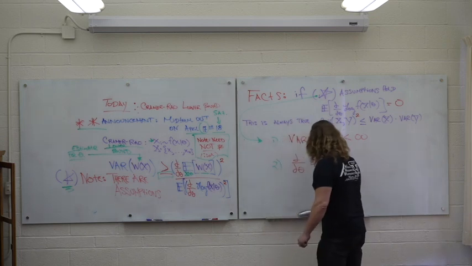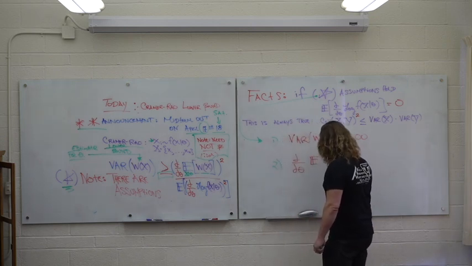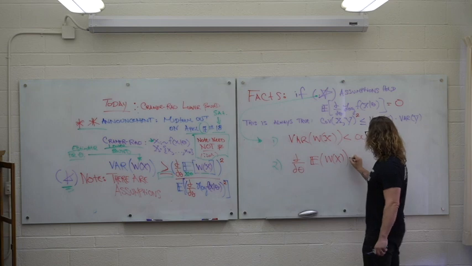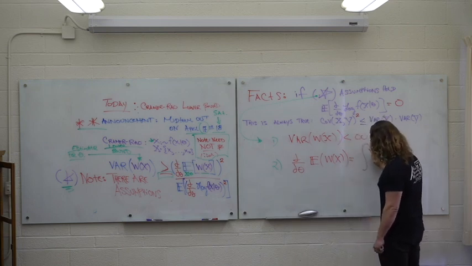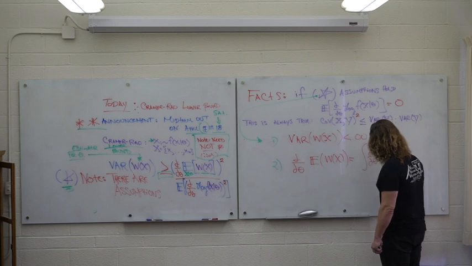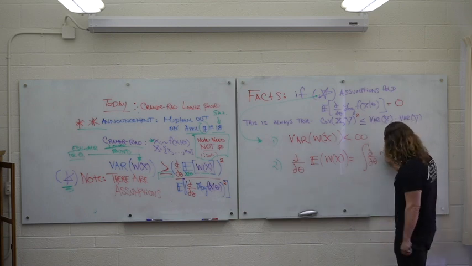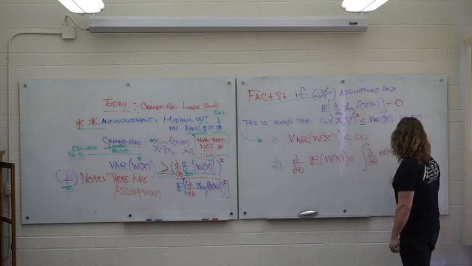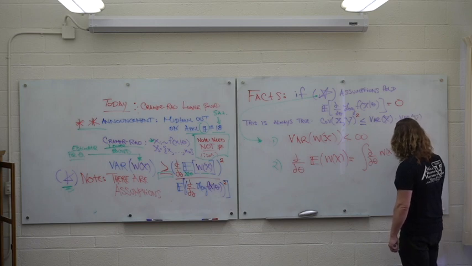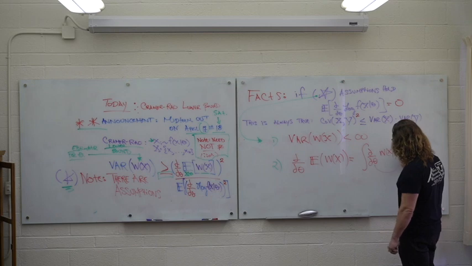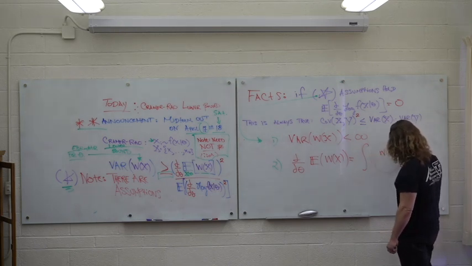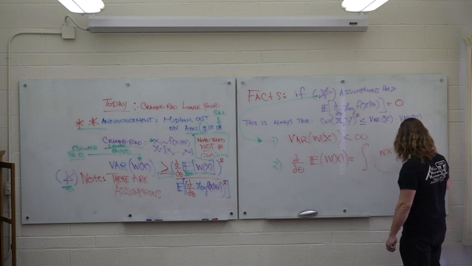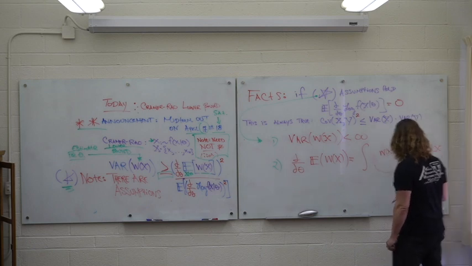This is the way they write this in the book. Is going to be equal to the integral of the derivative of W(x) f(x given theta). The book writes this just slightly different. They bring this thing over here. This is an integration over x.